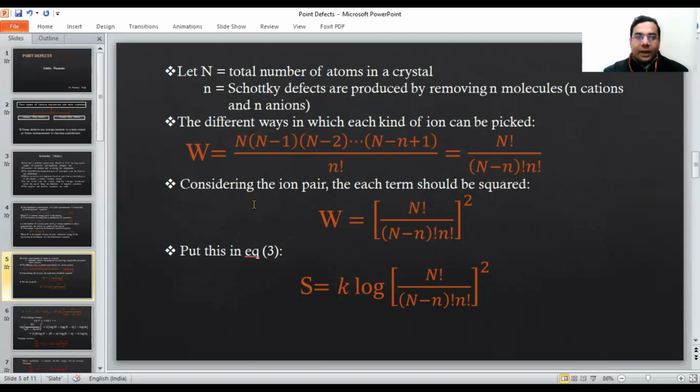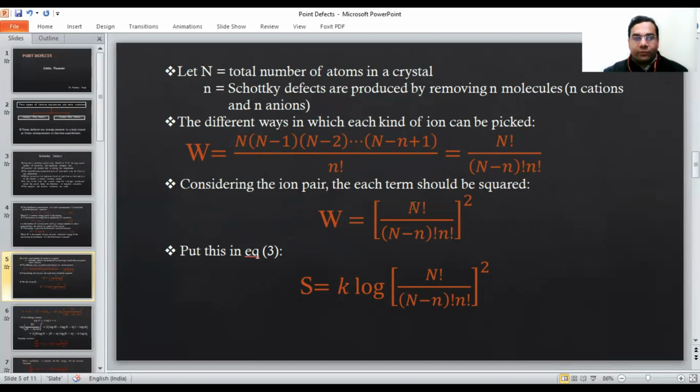Now considering the ion pair, each term should be squared. As we know that there are two ions, cations and anions, the probability will become the square of this term, that is the square of N factorial over N minus n factorial into n factorial.